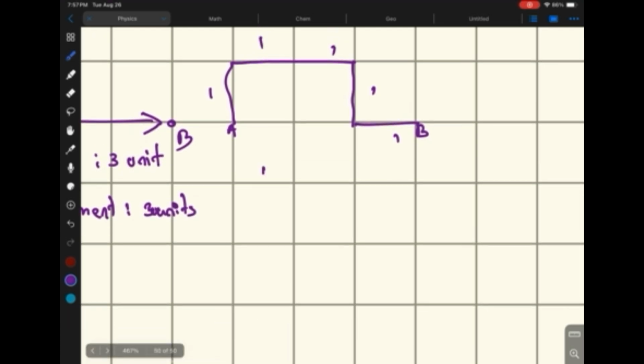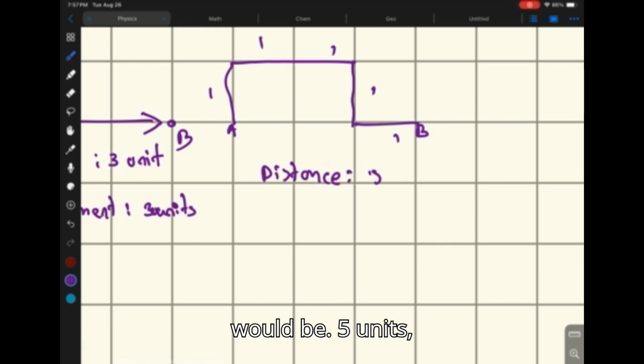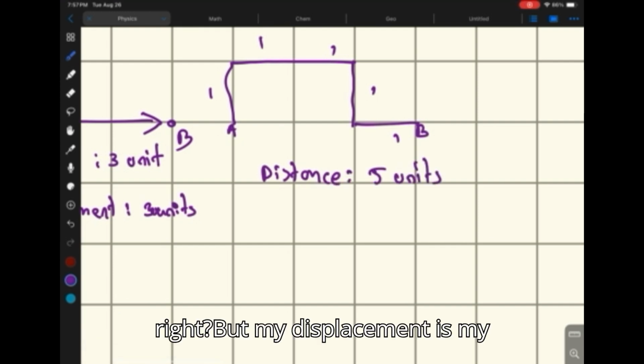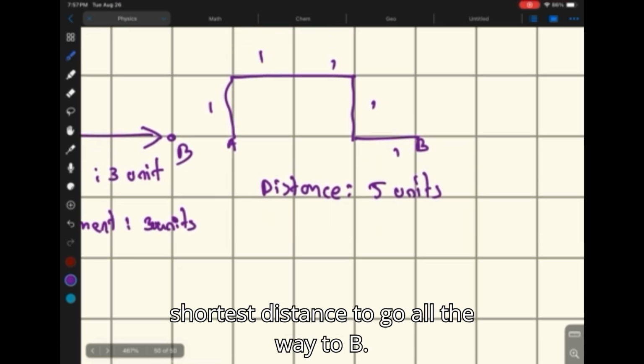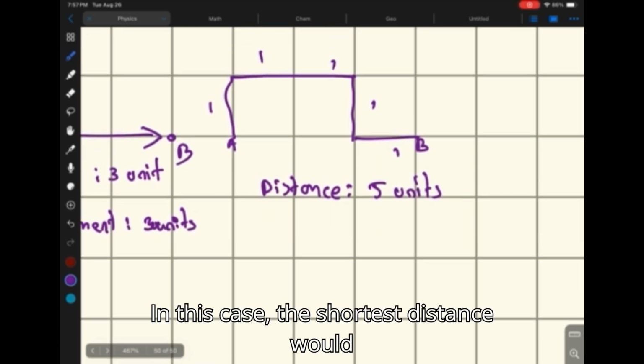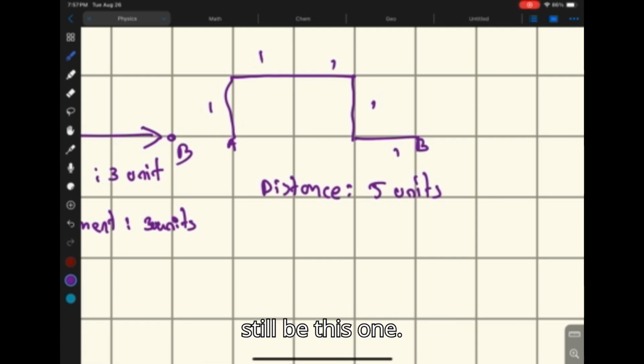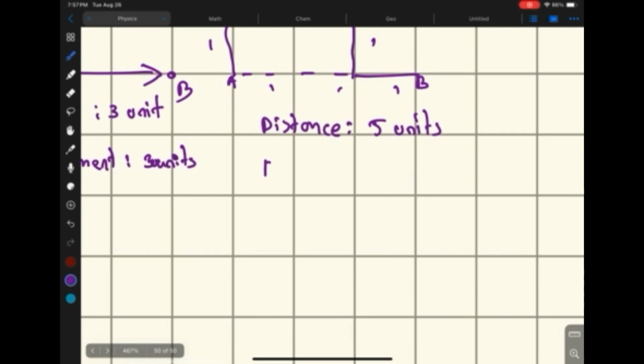Then my distance would be 5 units. But my displacement is my shortest distance to go all the way to B. In this case, the shortest distance would still be this one. So my displacement would be these 3 units.